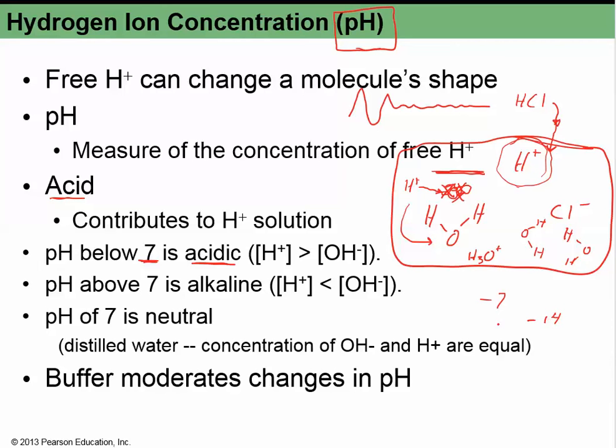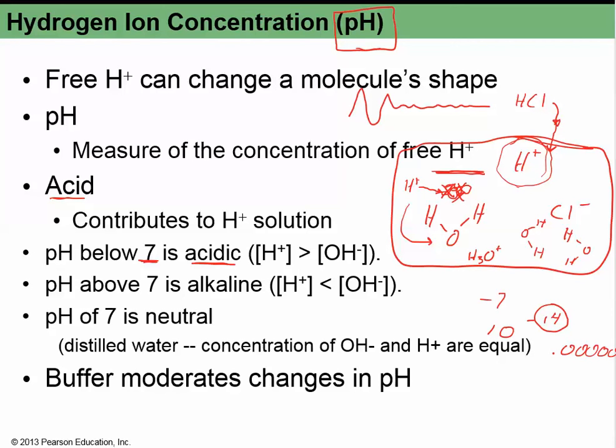Okay, so 10 to the negative 14th is a very low number, 0, 0, 0, 0, 0, 0, 0, 0. So 14 zeros and then a 1. Okay, and I know that's not 14, but whatever, 14 zeros and then a 1. And that's your concentration of free hydrogen. Okay, that's very low, but when you apply it to a logarithm, you end up just taking this number and the pH would be 14.